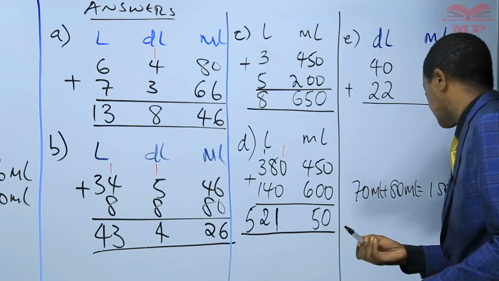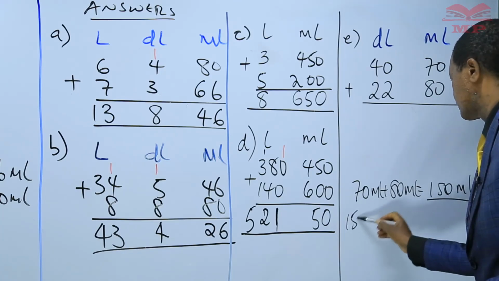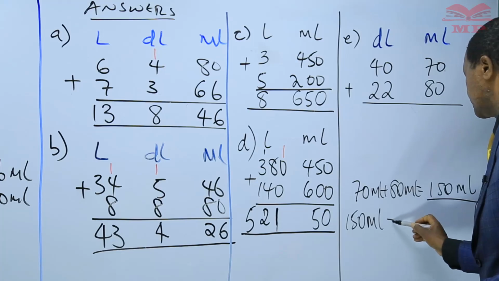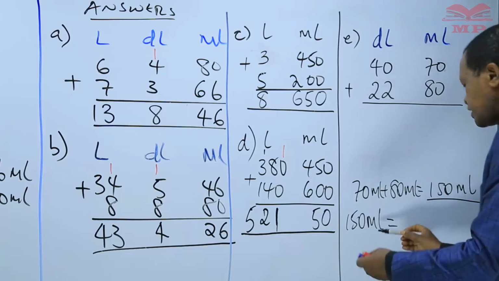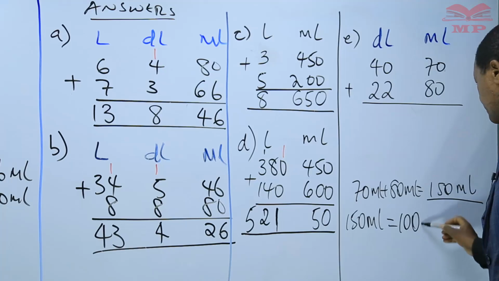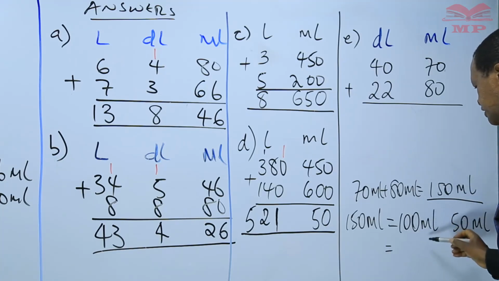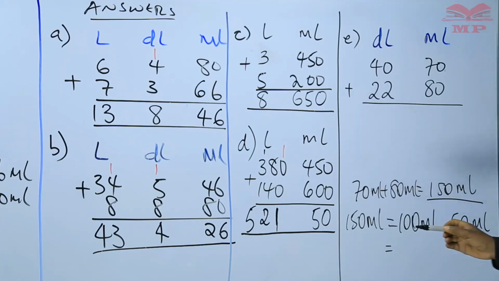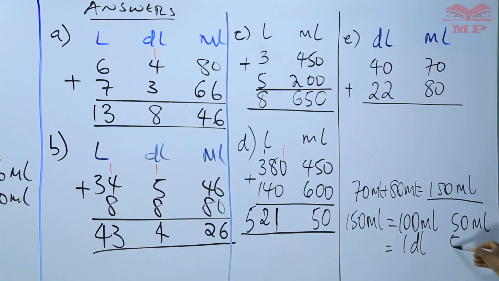So this 150 milliliters can be written as 100 milliliters and 50 milliliters. 100 milliliters make 1 deciliter. So we can write 1 deciliter and 50 milliliters.